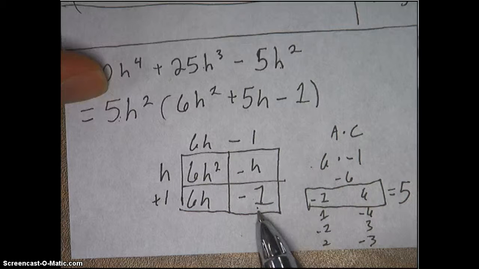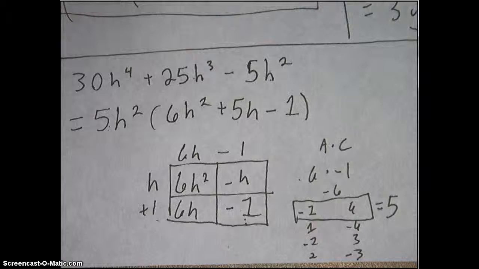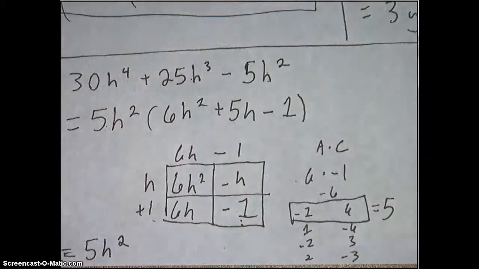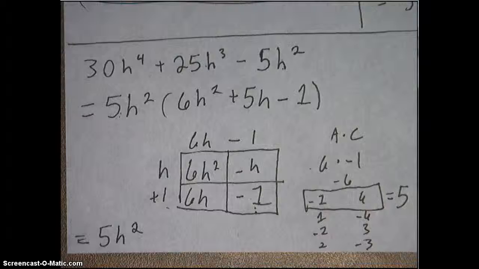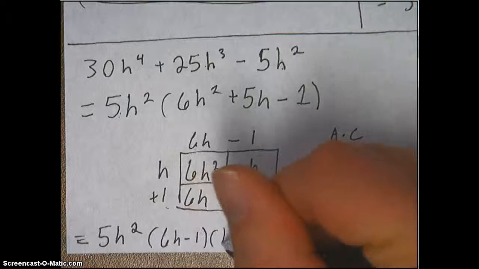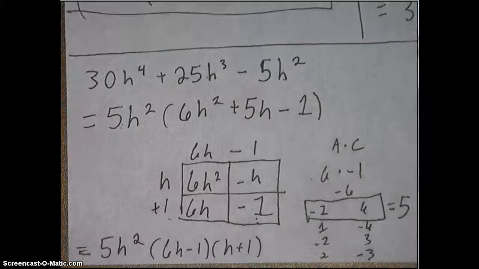This is actually -1 times +1. So that's why they have a +1 in common. So the fully factored form, I've still got that 5h squared. And then I've also got 6h minus 1 and h plus 1. So this is the fully factored form here.